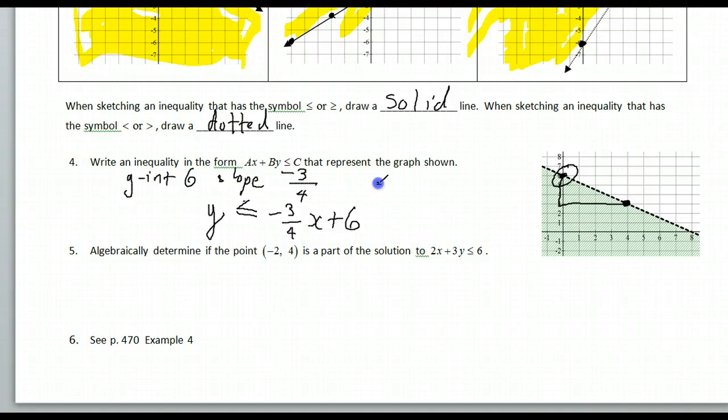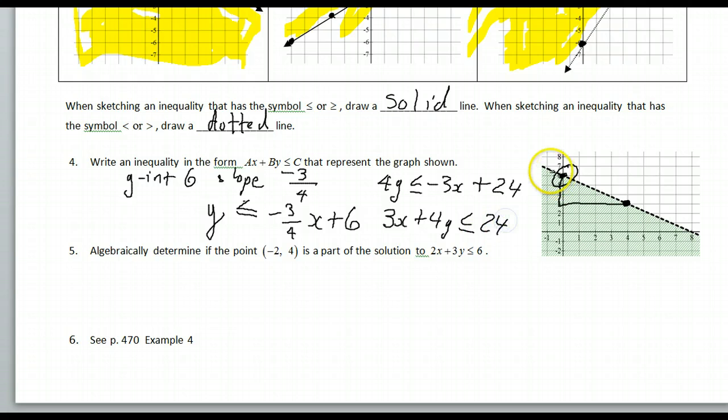I'm going to multiply through by 4 to get rid of any fractions. 4y is less than or equal to negative 3x plus 24. And I'm going to bring this over. So 3x will become positive 3x. And we've got 3x plus 4y less than or equal to 24, which to me means that this needs to be a solid line and not a dashed line. Whoops. So that should be a solid line.